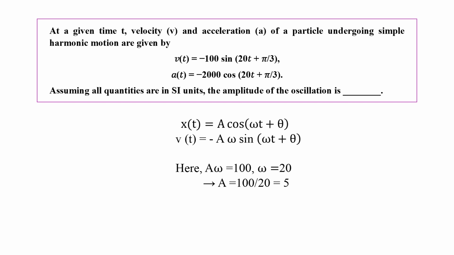Now, when you compare the values, you will find that a omega is given as 100 in the question, and omega is equal to 20. So amplitude of the oscillation will be 100 by 20, that is equal to 5. The answer for this question is 5.